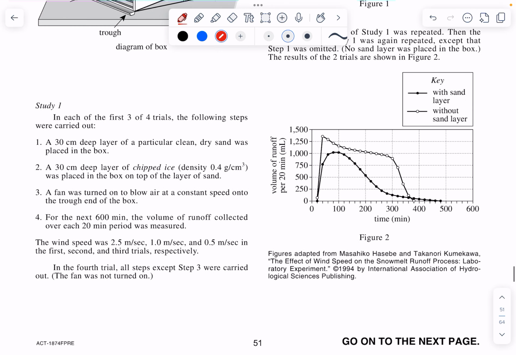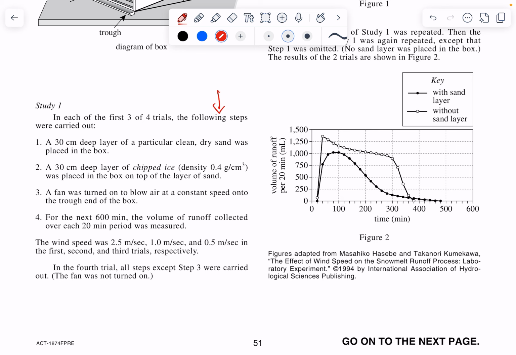This one says right here, in each of the first 3 of 4 trials, the following steps were carried out. We can go ahead and read this since this applies to all of the tests except for one. A 30-centimeter deep layer of a particular clean, dry sand was placed in the box. A 30-centimeter deep layer of chipped ice was placed in the box on top of the layer of sand.